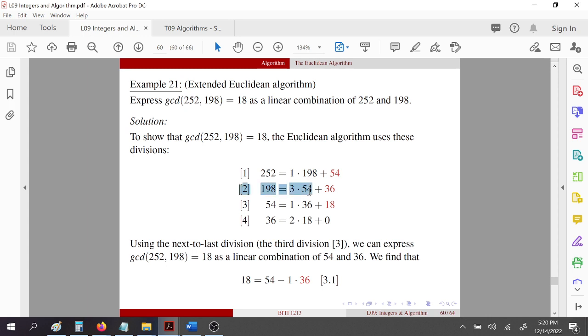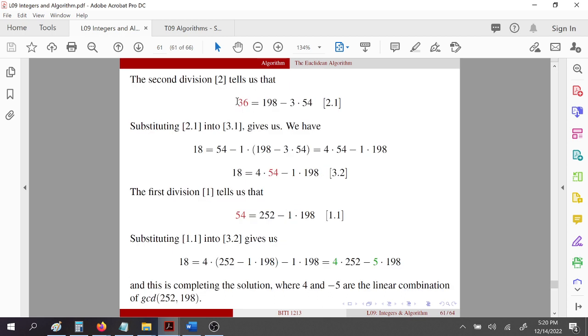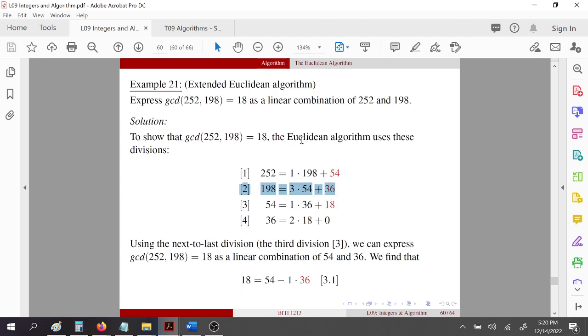Okay, this is the equation that shows the B value. So that's why we reverse this equation by manipulating it and coming out with a new equation. So 36 equals 18 minus 3 times 54. The thing is, why do we need to come out with the new equation? Just using this one, it can work.